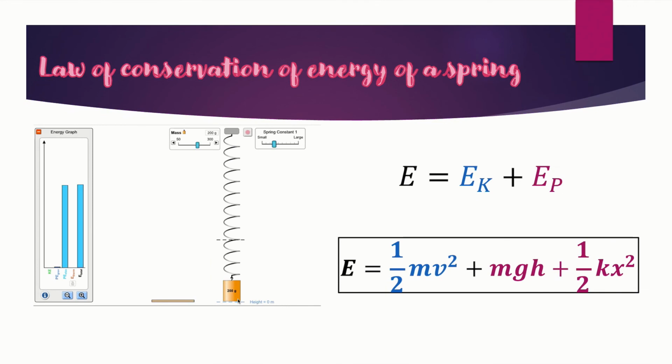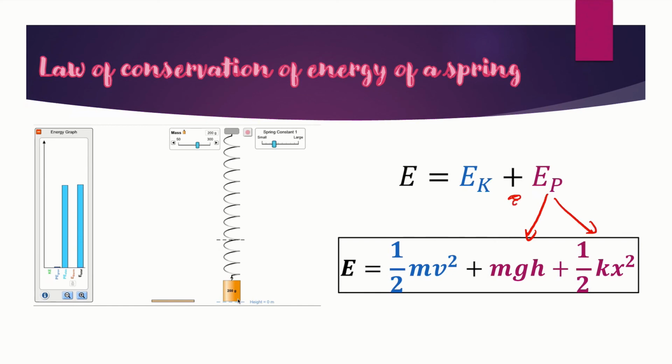So let's check another thing. Now, the law of conservation of energy, but now on a spring. On a spring, we have to consider that the total energy is going to be, again, the kinetic energy plus the potential, but the potential is going to be divided in two parts.